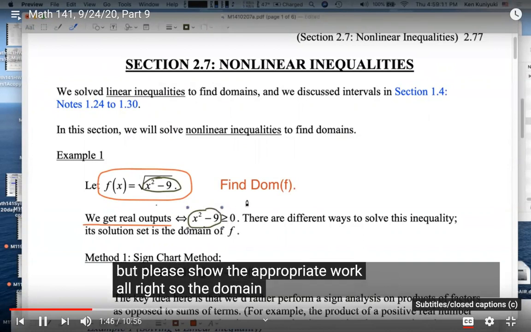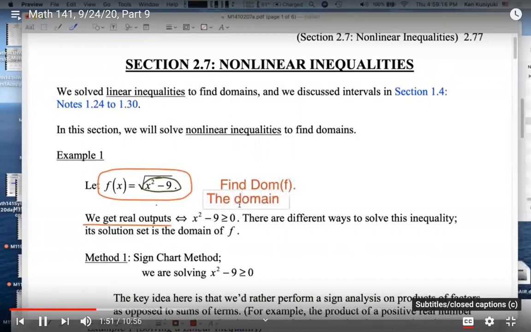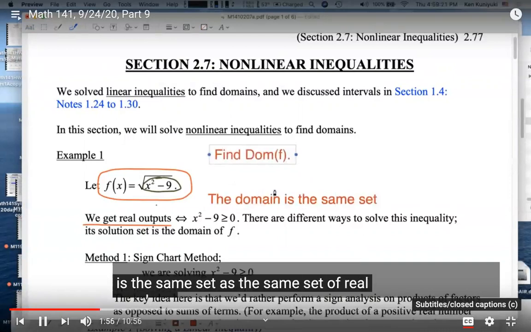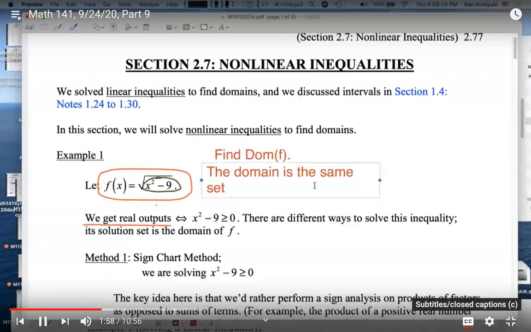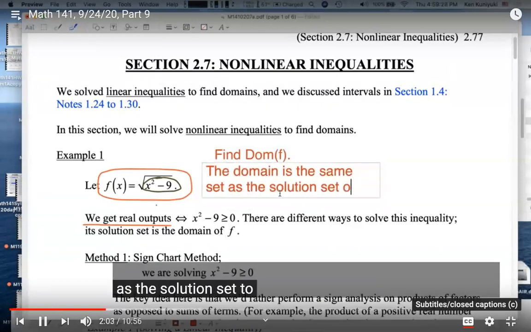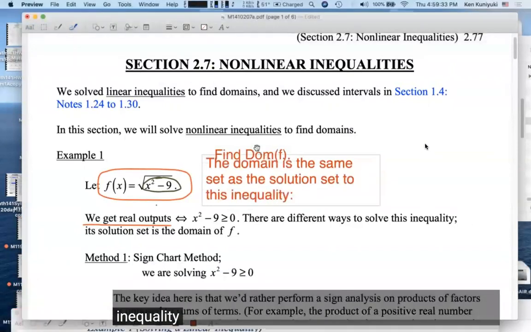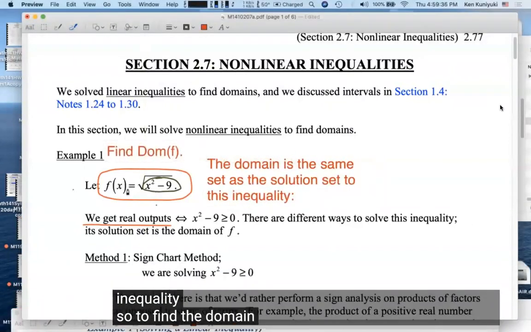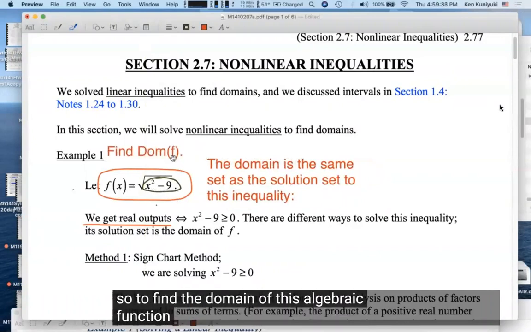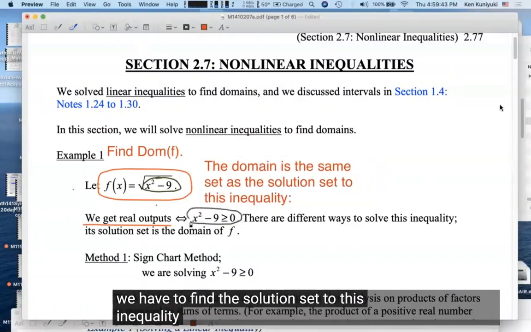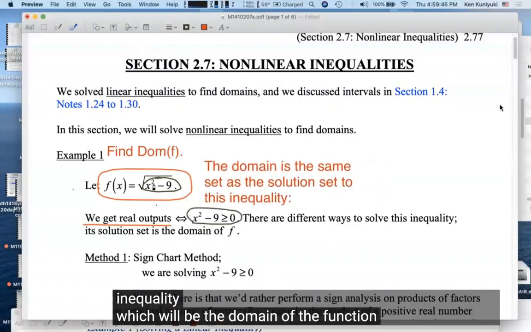All right, so the domain of this function is the same set of real numbers as the solution set to this inequality. So to find the domain of this algebraic function, we have to find the solution set to this inequality, which will be the domain of the function.